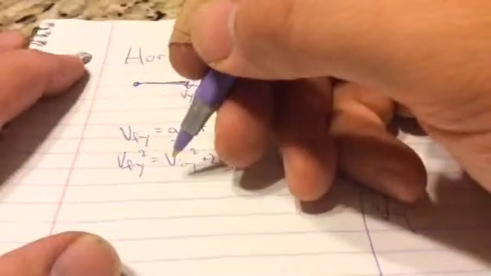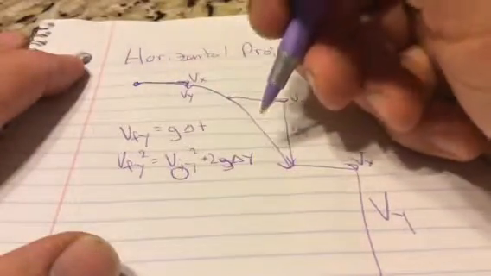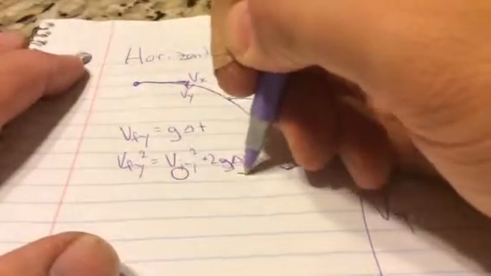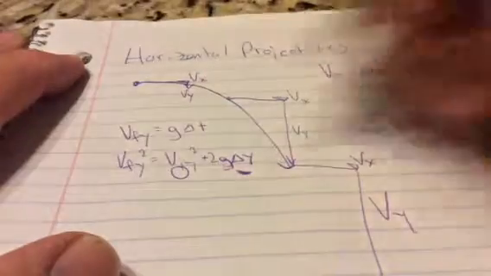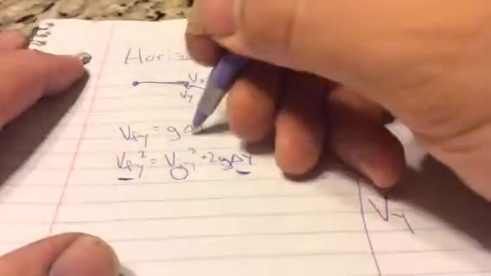Now check this out. When we talk about horizontal projectiles, we're considering initial Vy to be 0. Therefore, if I fall for a certain distance, I will gain a certain speed, just like if I fall for a certain time, I will gain a certain speed.